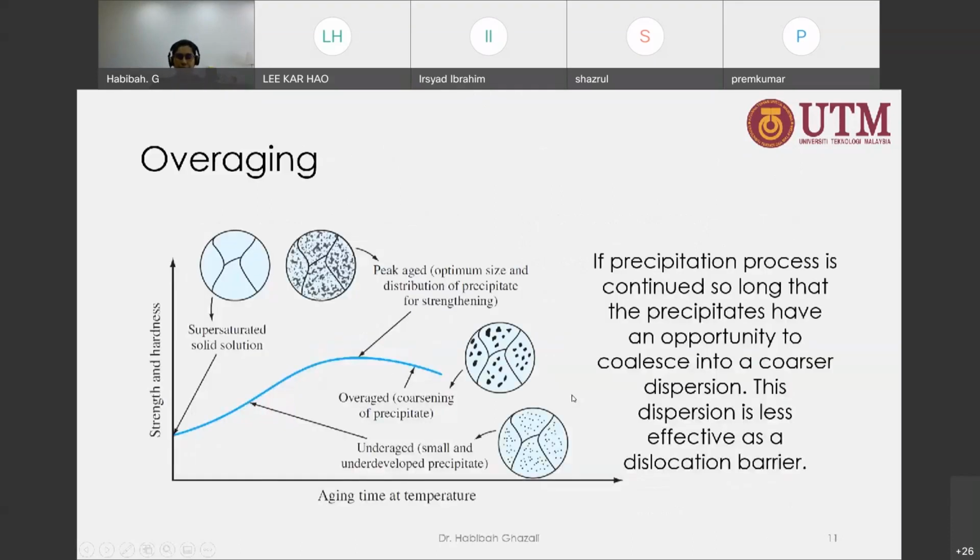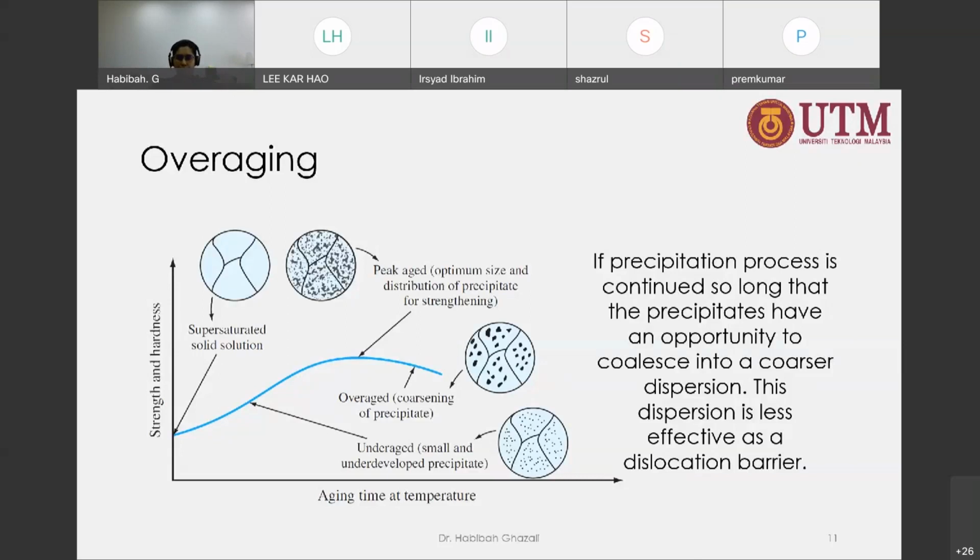There are some limitations as well for this process. If we overage them, the precipitates can become bigger, and that will reduce their efficiency to harden the material. And also, if we do not age them enough, we will have the effect of underage.